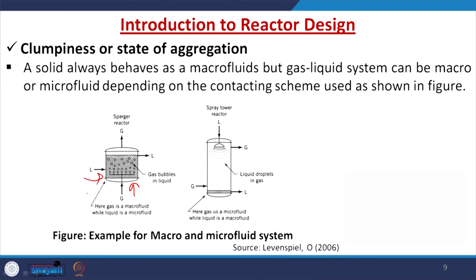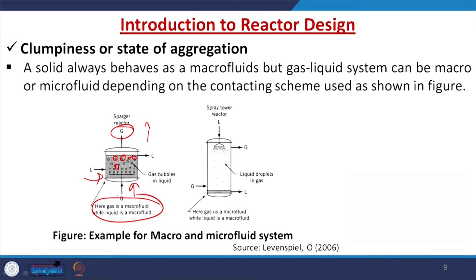So you are creating the sparger system over here. So all these gas bubbles have intimate contact with the liquid phase, and if there is a reaction, any leftover gas may discharge from this particular port. So here the gas is a macrofluid, while the liquid is a microfluid.